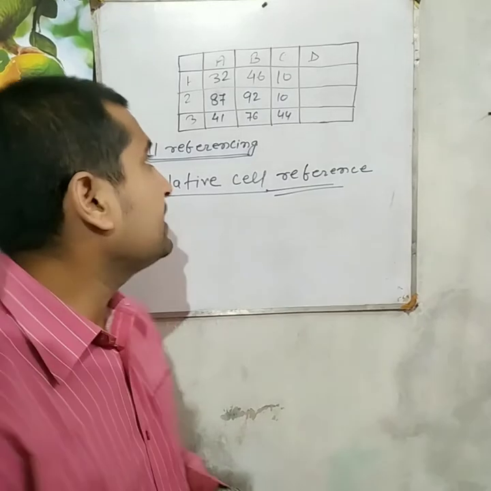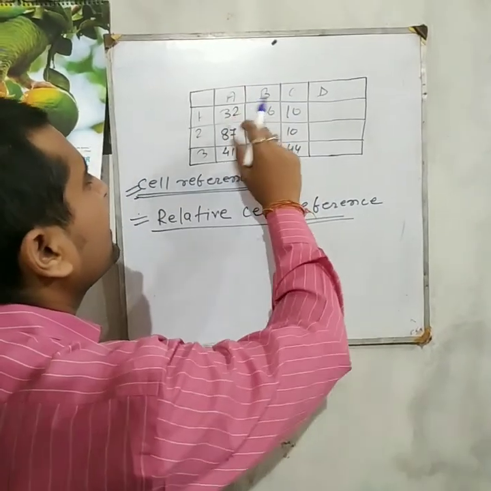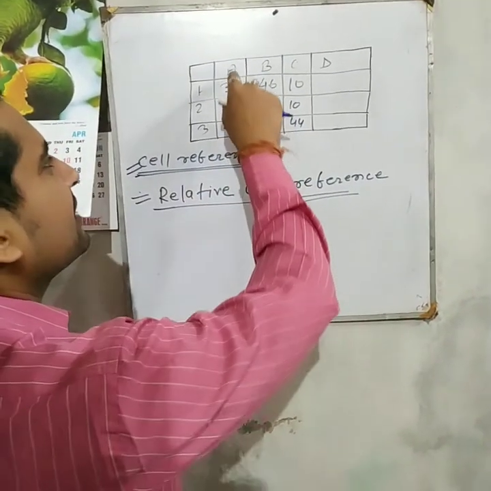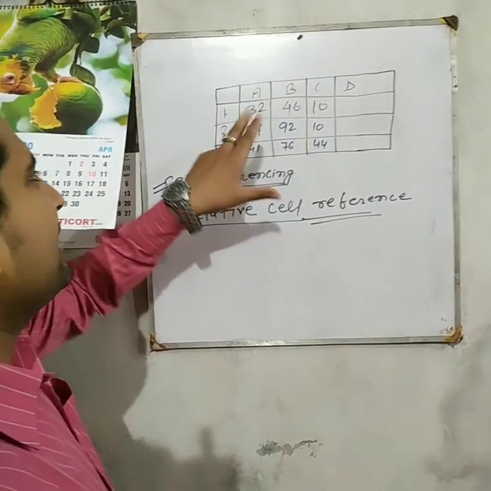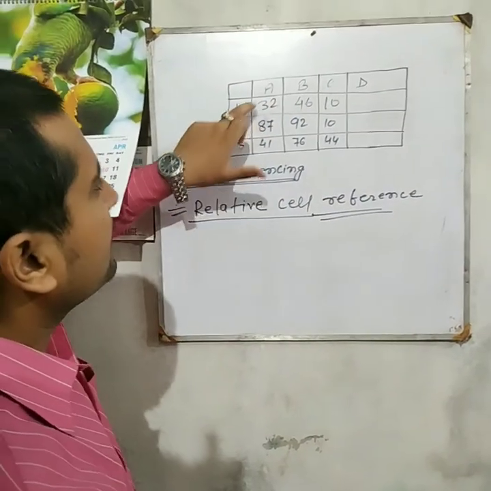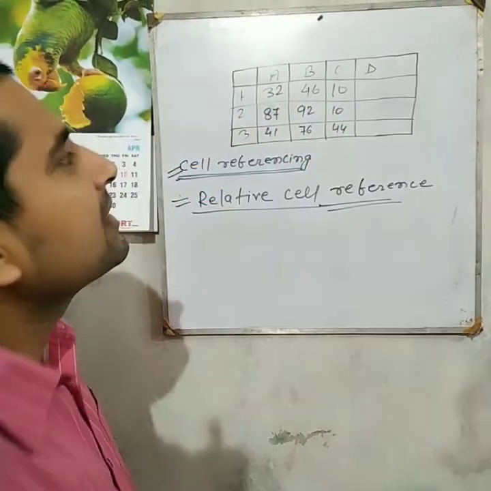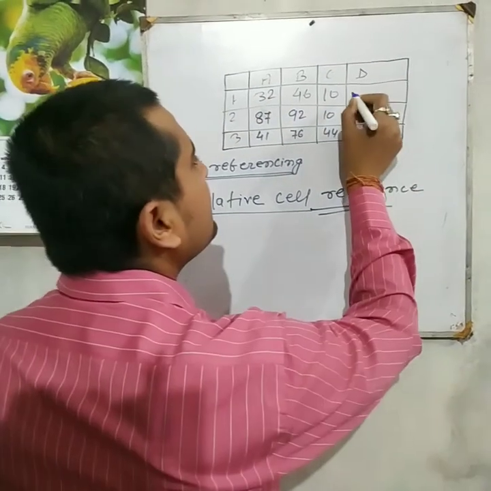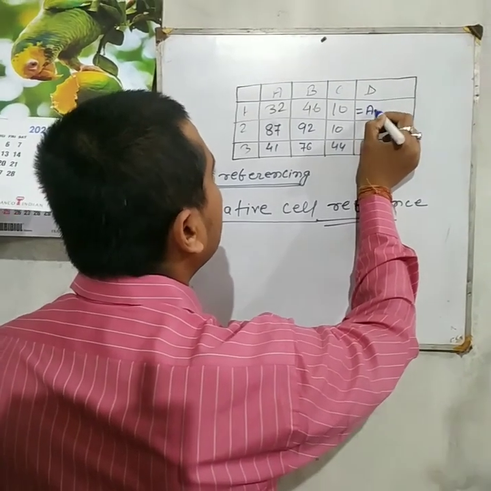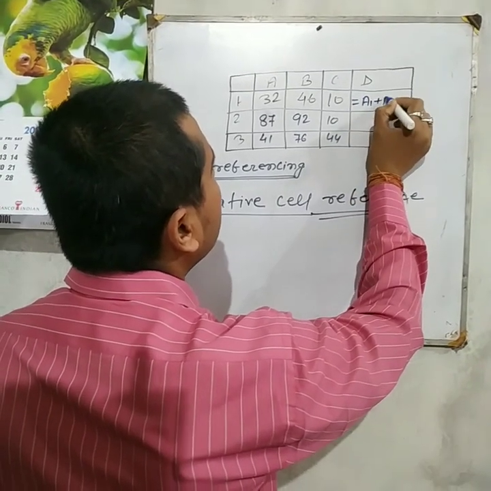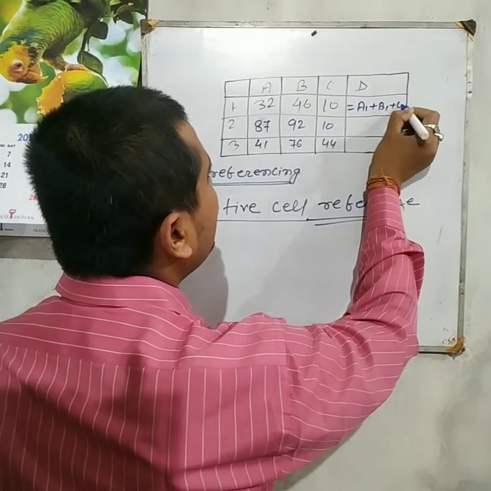Let's see an example. Suppose the values are given here. A, B, C, D are the field names. 1, 2, 3, and D1 is equal to A1 plus B1 plus C1.